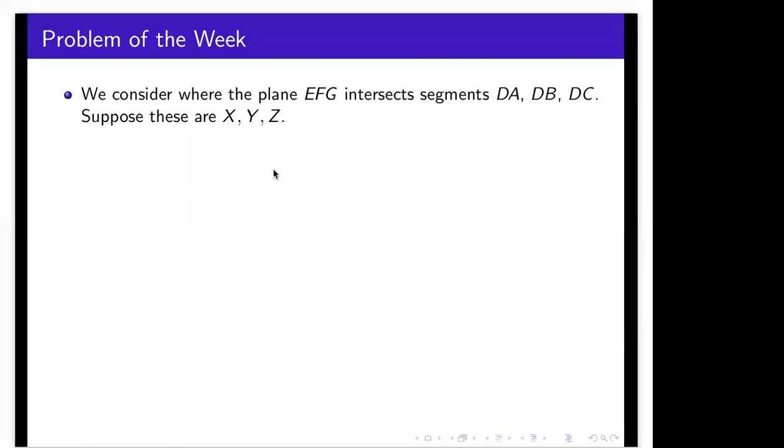right? We call these points X, Y, and Z. And now we consider how X, Y, Z, E, F, and G relate to each other. Right?